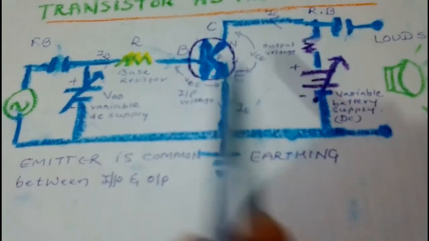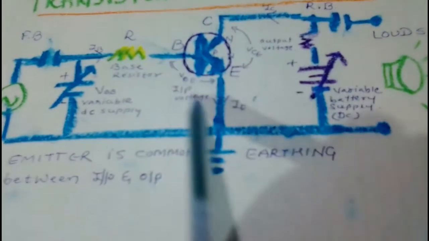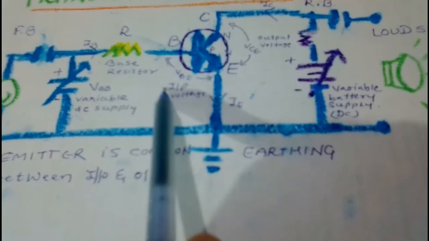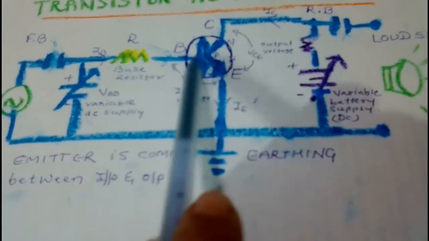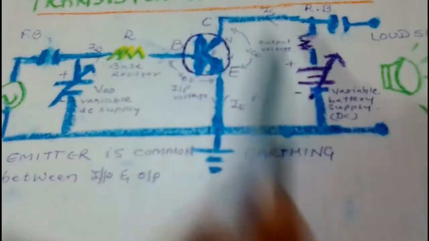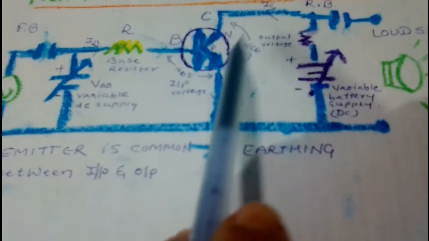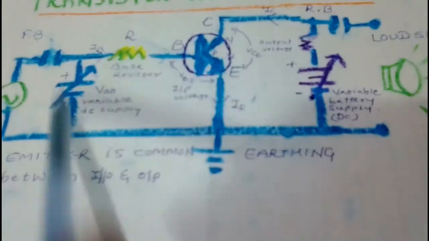In between base and emitter, whatever voltage is there is called the base emitter voltage, VBE. This is the collector. In between collector and emitter, whatever voltage is there is called VCE, the voltage across collector and emitter.